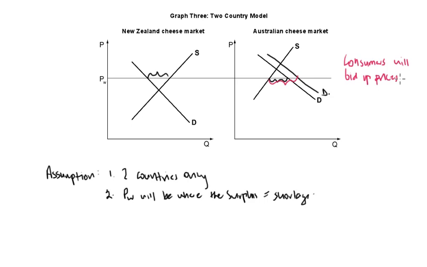If you want cheese badly enough, you'll be willing to pay for it, so people will be willing to pay higher prices for cheese. So what happens when they bid up prices? Obviously the price starts to rise, and to cut a long story short, that process will keep happening until the 2 markets are in balance again.